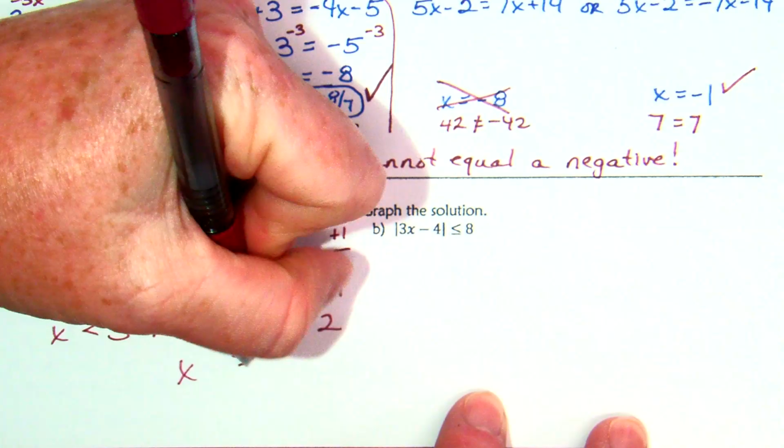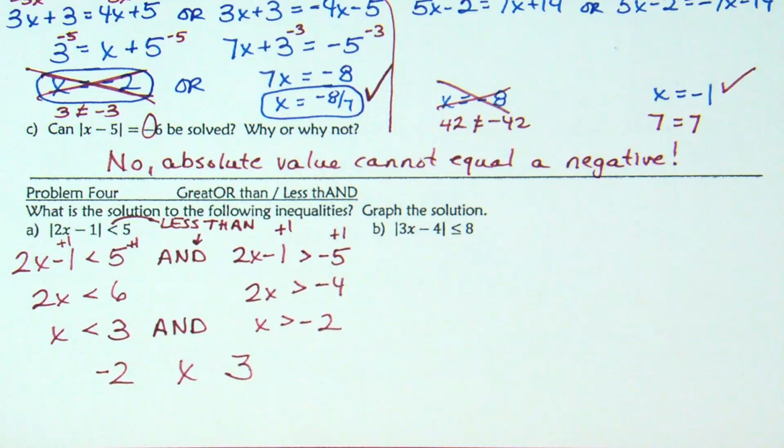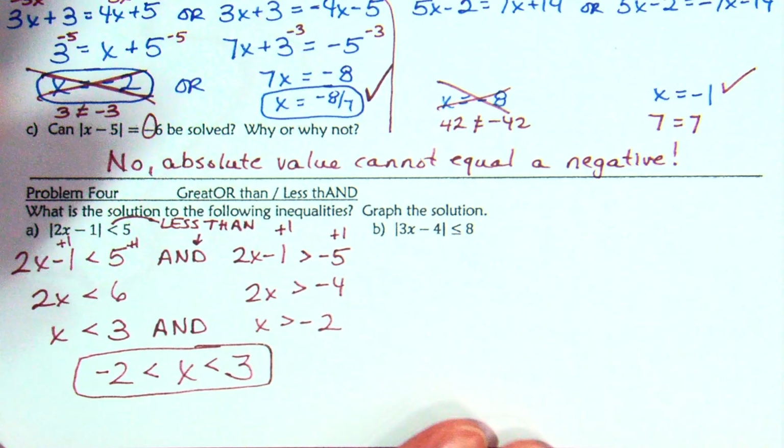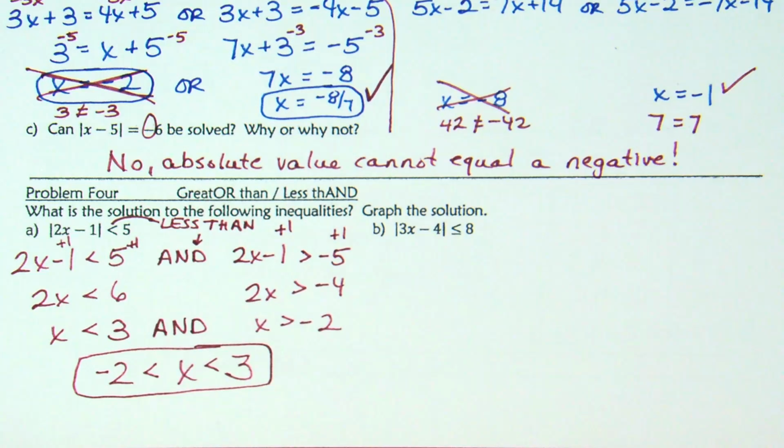And both of these signs are less than signs. It already says x less than 3. Copy that sign down. And then the greater than negative 2 reverses. So we have negative 2 less than x less than 3. Okay, so less thans are going to turn into and statements.